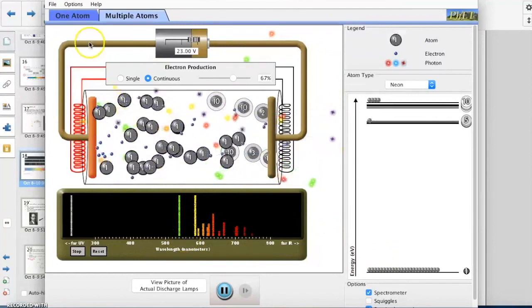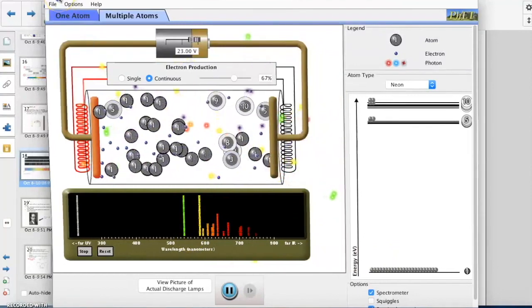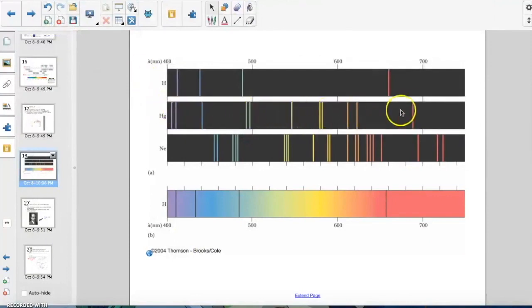So those are read as different colors. That's why in the emission spectrum of neon, we have these different colors. The red one corresponds to a wavelength that is over here. The orange ones will be a frequency or wavelength that is over here. And the yellow ones, the green ones, the blue ones, the violet ones, and so on.